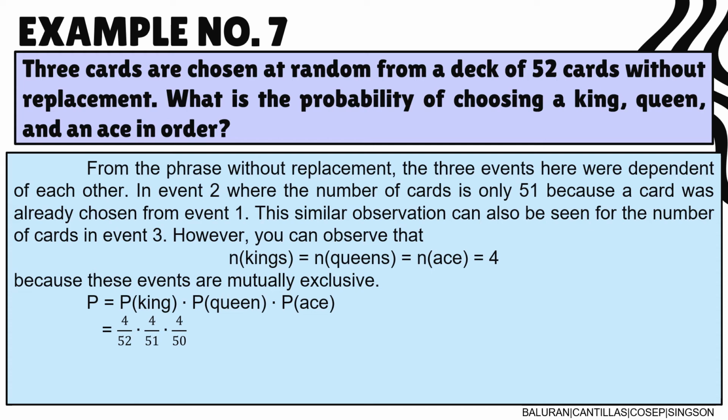Then for the last card, the probability of getting an ace, in this case we have to use 50 since another card is taken. Then you multiply the 3 probabilities and simplify. Therefore, it is equal to 8/16,575.